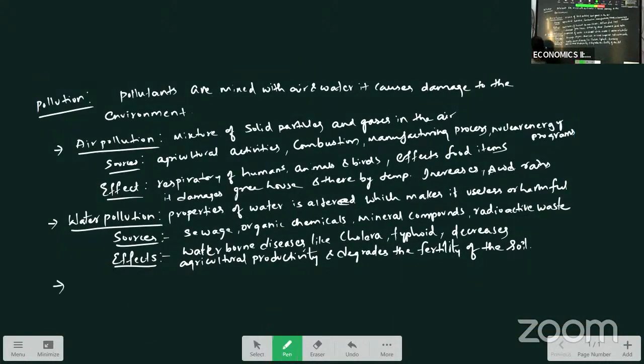Now, the next type of pollution we have is noise pollution. So noise pollution is what? Generally, a human can hear up to 120 decibels. If the sound is more than that hearing capacity, then we call it noise. Noise pollution is psychological or physiological harm created by sound.